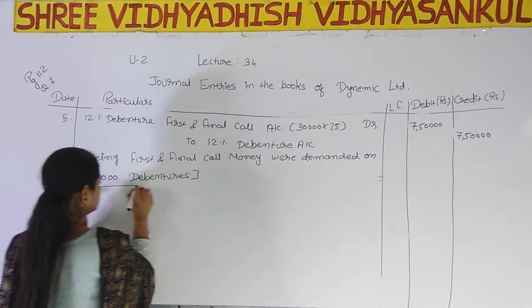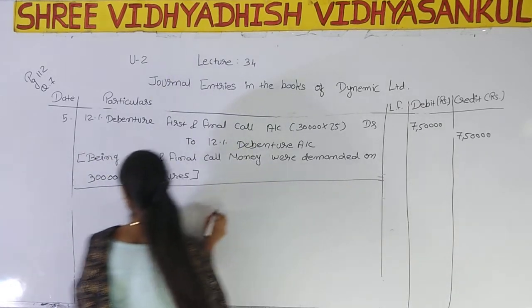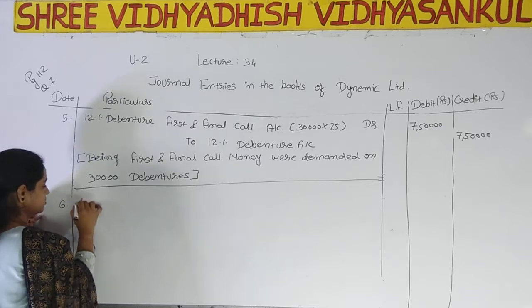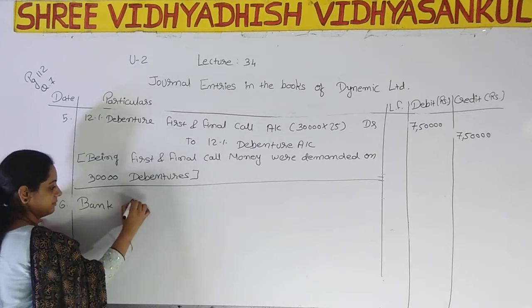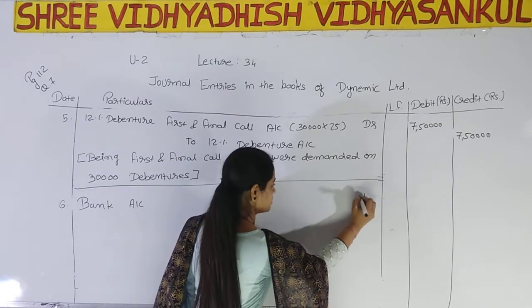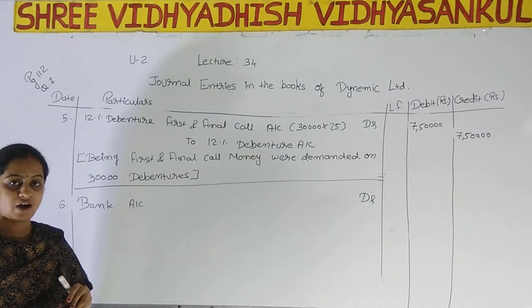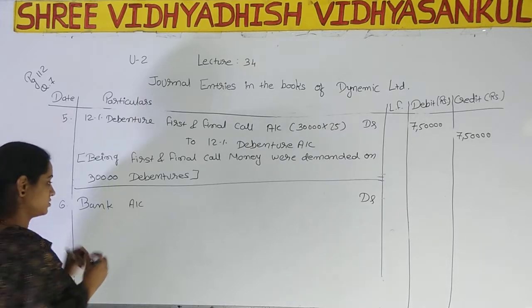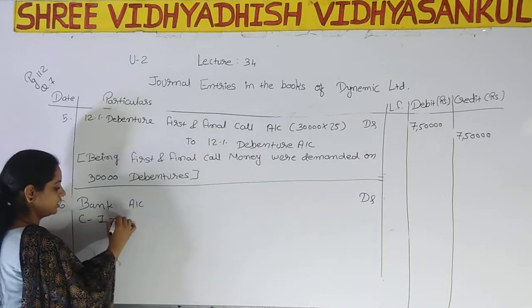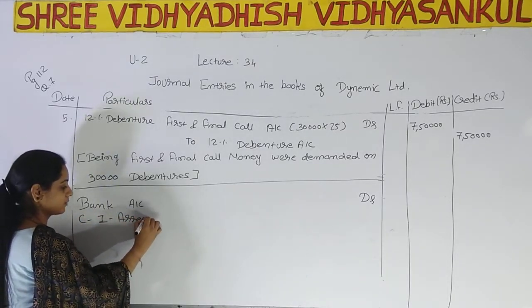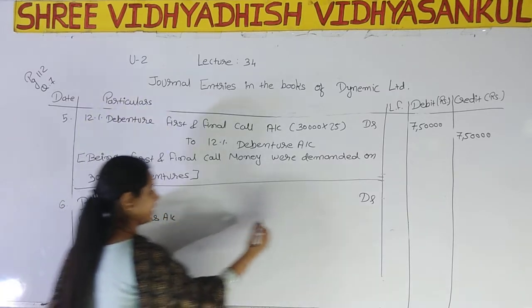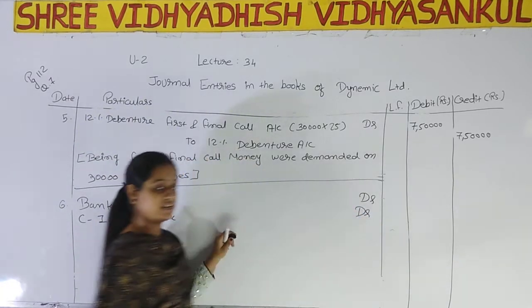Bracket over, underline. Next entry will be for receiving. So bank account debit. Also Akash has not paid money, right? Akash has not paid money of final call as well as allotment. So here we have to debit call in arrears account, right? As well as Palak has paid advance.